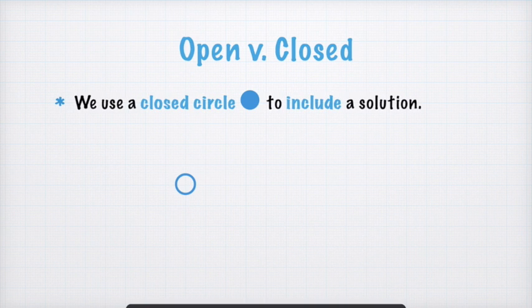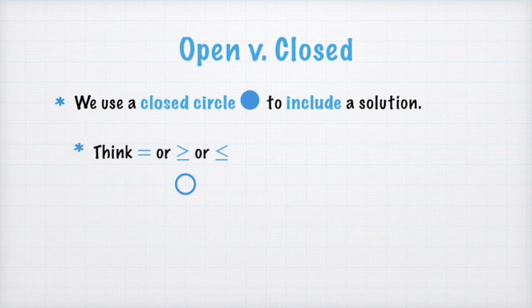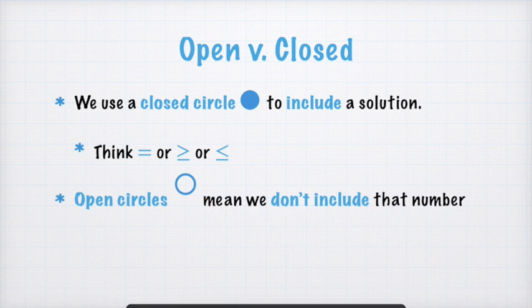So a closed circle, like that dot over there, is used to include a solution. So when we want an included solution, you want to think of greater than or equals or less than or equals. We have this open dot, which apparently should be a little bit lower down, but that's okay. We have open circles, meaning that we don't include that number.